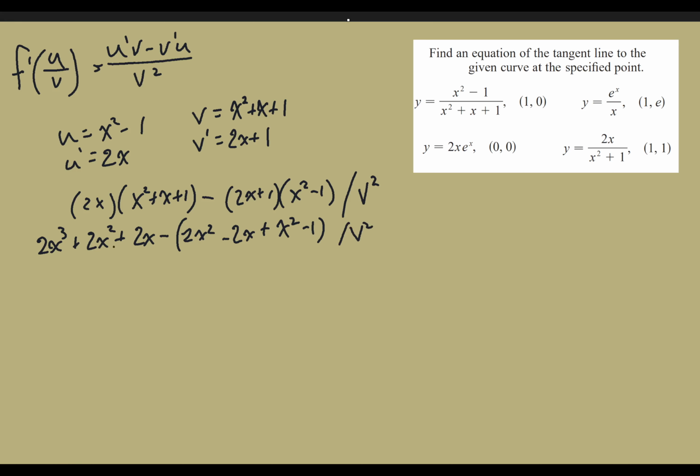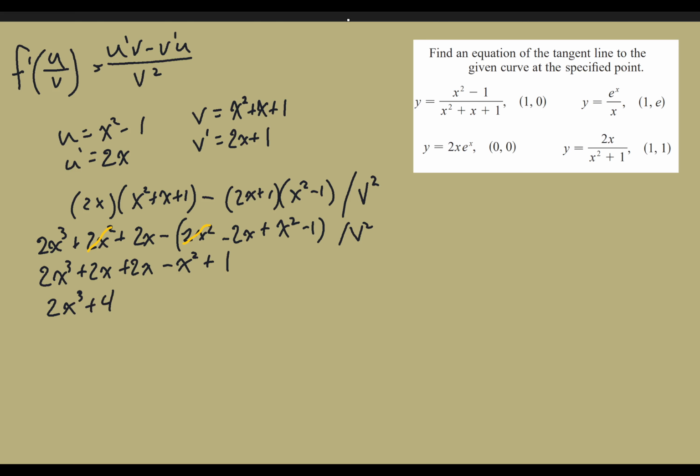Let's distribute. That would become a minus 2. Well, let's do some cancellation right away. I can see some right here. Here's a minus 2x squared. This is going to be a plus 2x again, so that's not 1. And I guess that's all the cancellation we have. So let's see, 2x cubed plus 2x plus 2x minus x squared plus 1 gives us 2x cubed plus 4x.